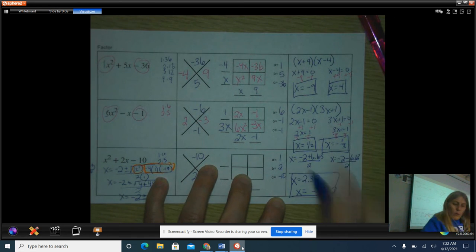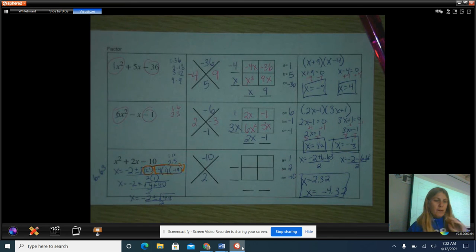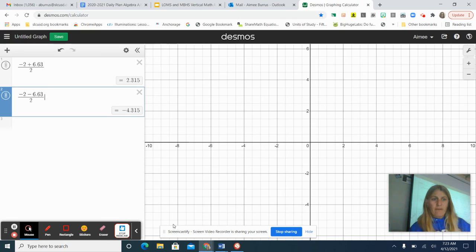Now remember, we had to use the quadratic formula because we did not have 2 numbers that multiplied to 10 and added to 2. So that's when we know we need to start solving using the quadratic formula. I always like to finish up by verifying our correctness.